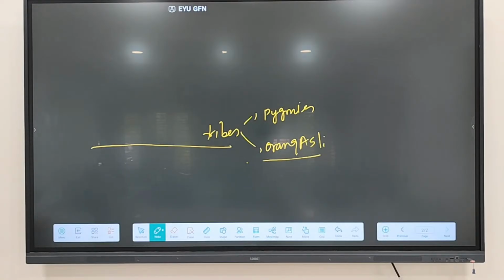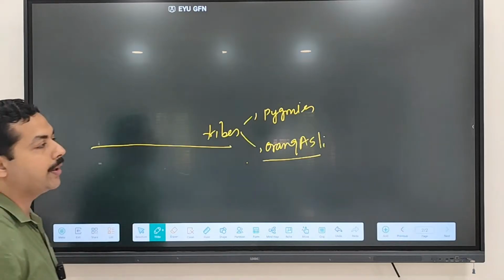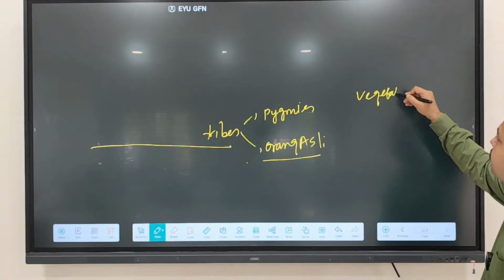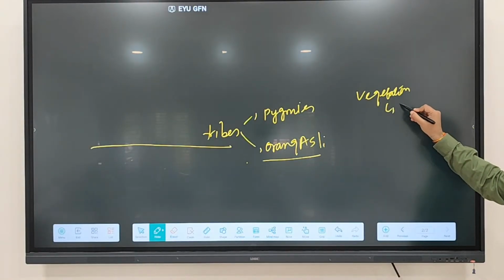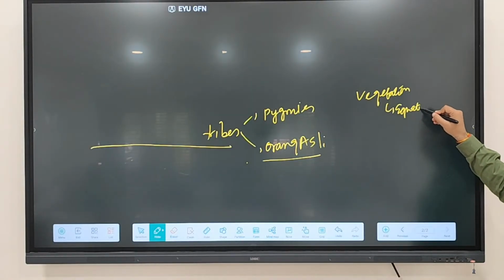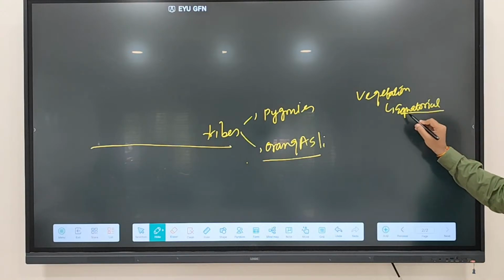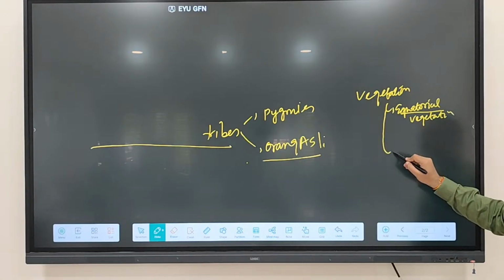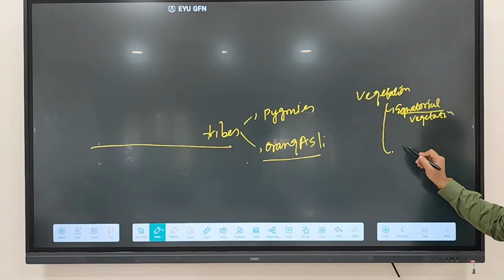So vegetation, which type of vegetation are you going to find? The vegetation that you are finding is equatorial vegetation, that is, no hardwood trees. Trees do not shed their leaves, but these trees are being cleared to cultivate what?